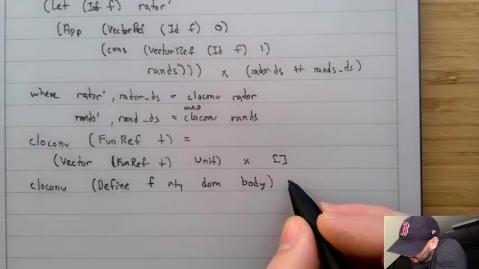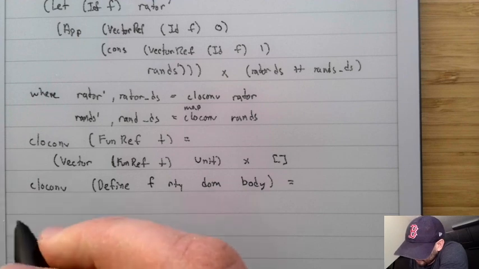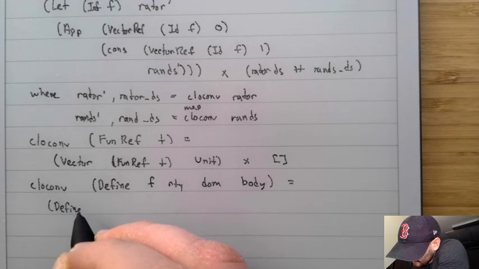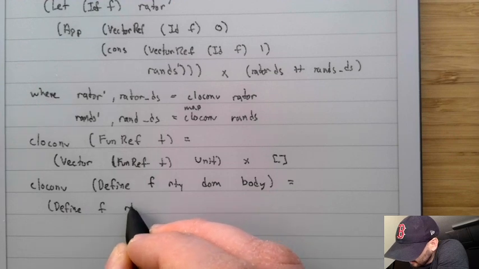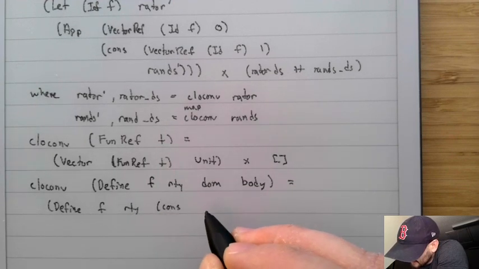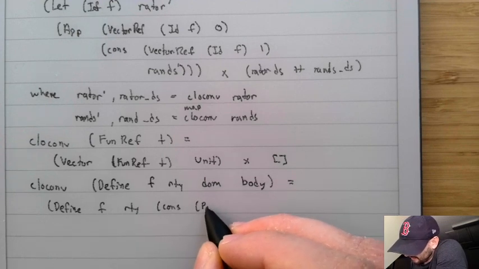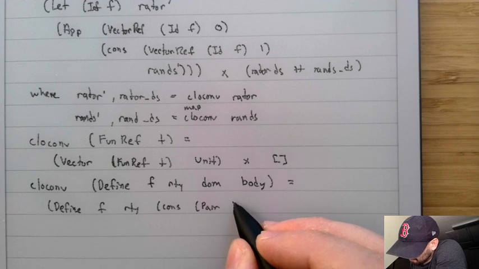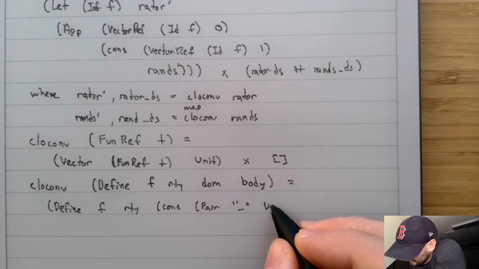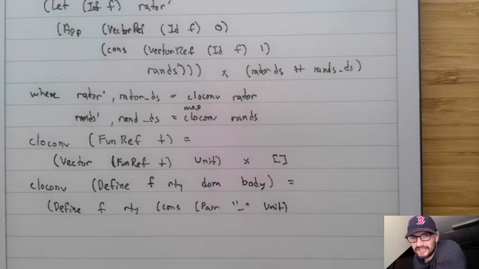Essentially what we need to do is make it so that when you call closure convert, you return a new definition that's the same name, the same return type, but its domain is bigger. It contains an additional thing, which is a pair of nothing, some variable that we don't care about, and unit. This unit, by the way, is the unit that we stuck into the closure.